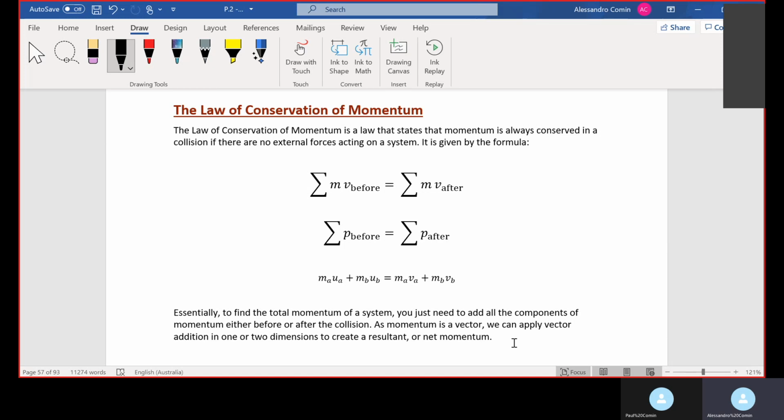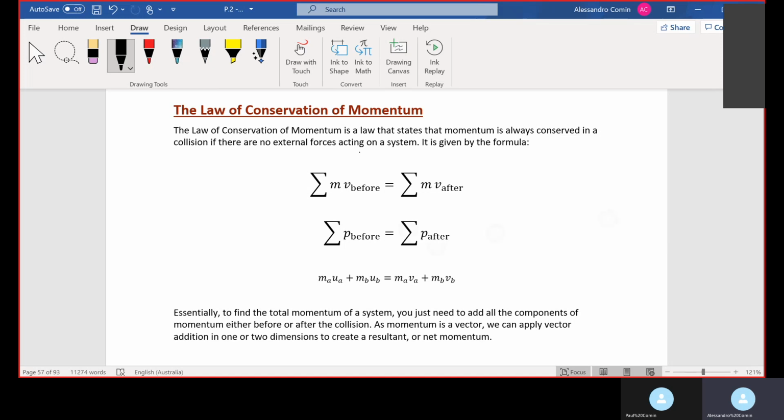And we can very easily calculate this. Just like the law of conservation of energy, the law of conservation of momentum is a universal law that states that momentum is always conserved in a collision if there are no external forces acting on the system. So an external force would be friction. So we just basically assume that there's no friction in this example.